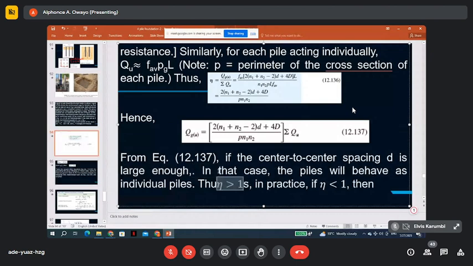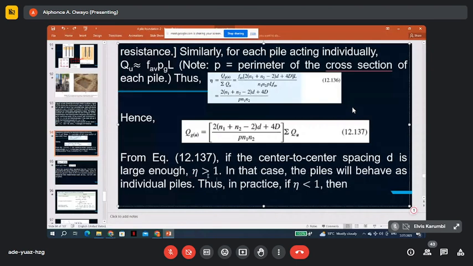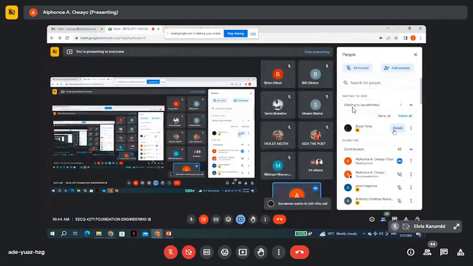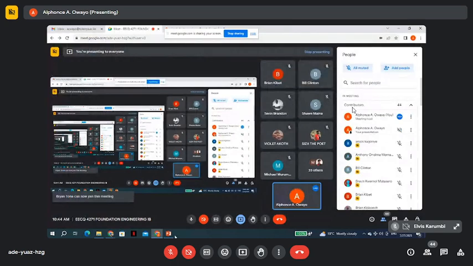So that's not a group. When the efficiency is greater than 1, that's not a group of piles. Usually, for a group of piles, the efficiency is less than 1, as in practice. Like I already said in a simple way.